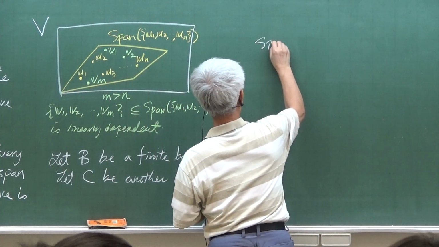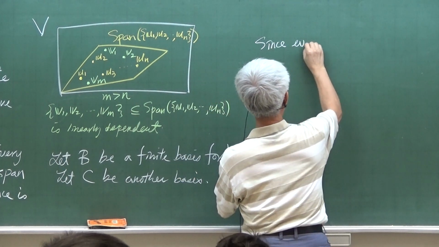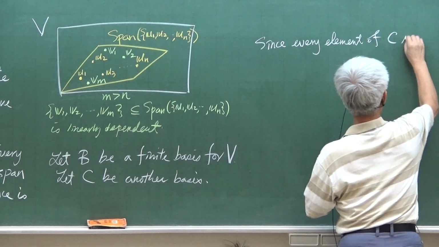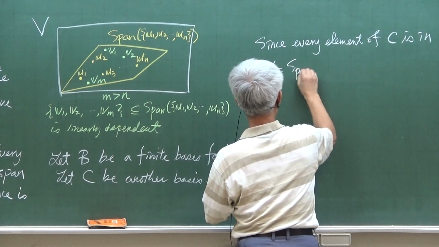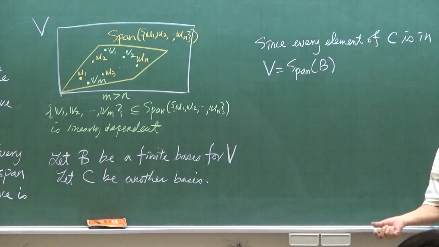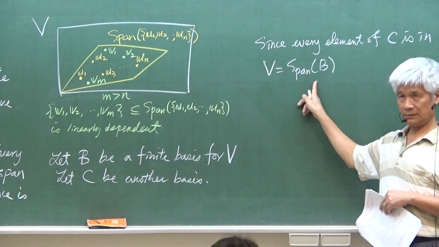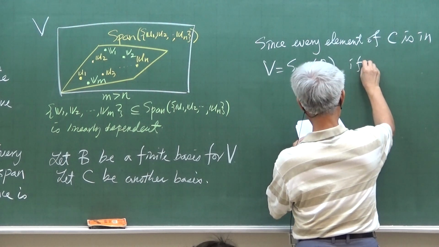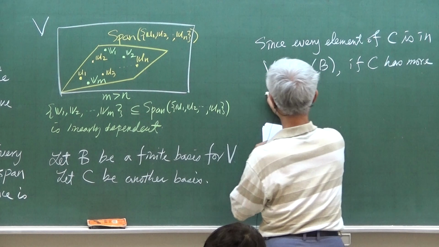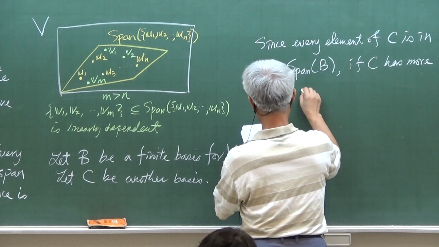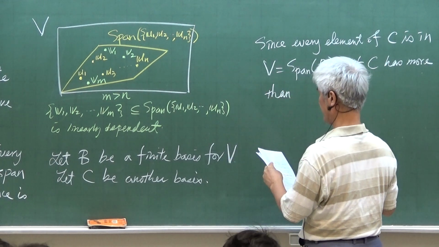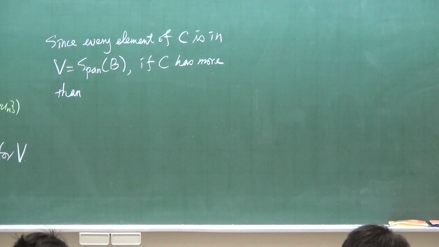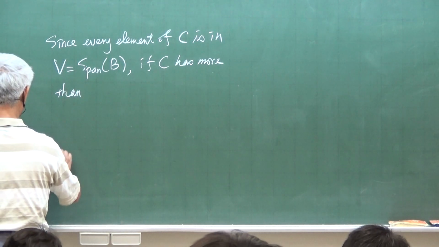Alright. Since every element of the basis C is in V, which is the span of B. As a basis, the vector space is the span of B. With the size of B equal to n.